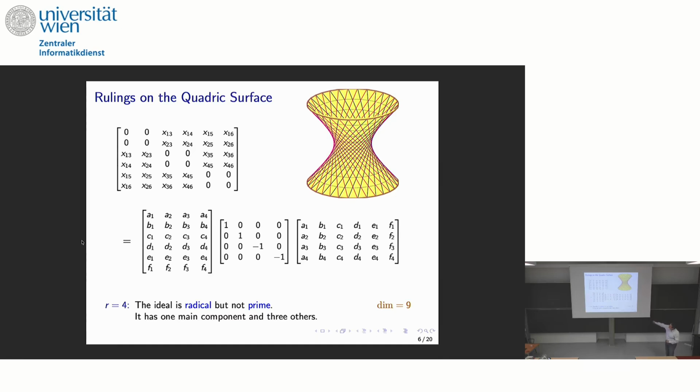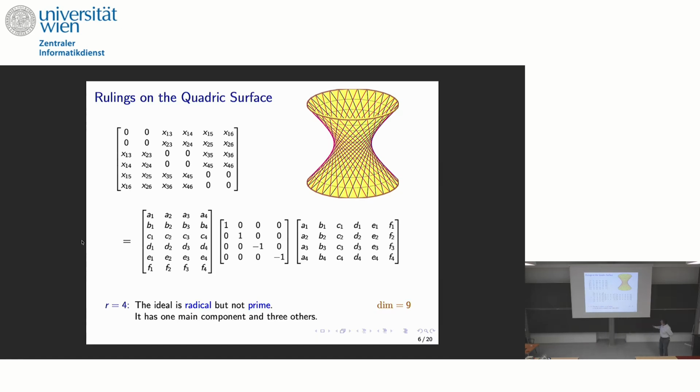So this matrix having rank 4 says I can factor it as a 6 by 4 matrix times my quadratic form times this one here. Just to match the picture, I changed the quadratic form to be 1, 1, minus 1, minus 1. So I Wick rotated myself into a situation where the picture looks a little bit better. All right.